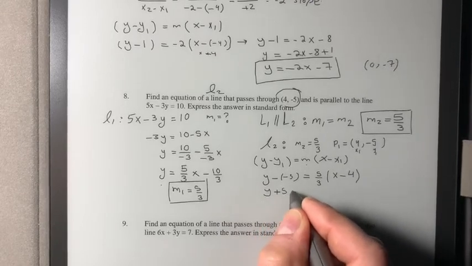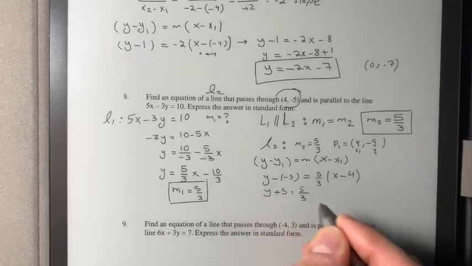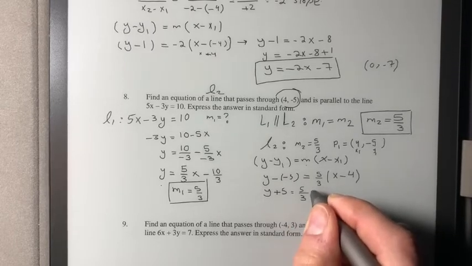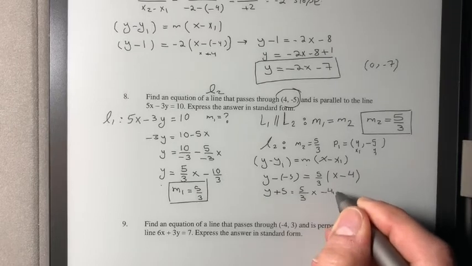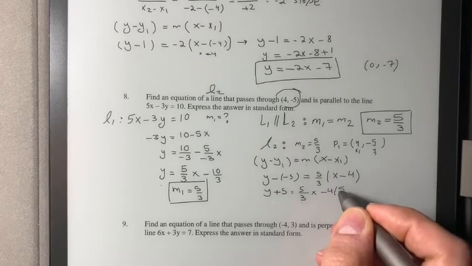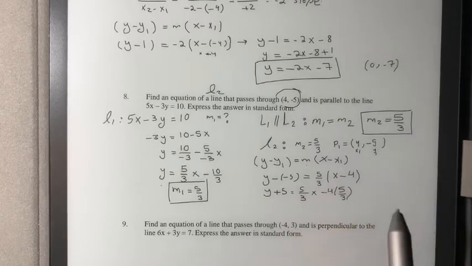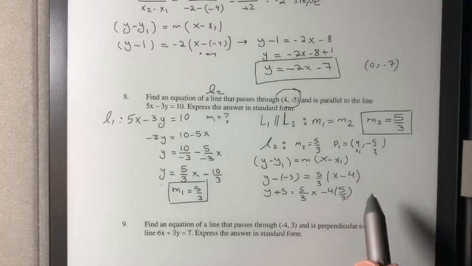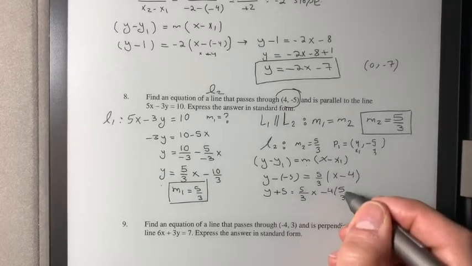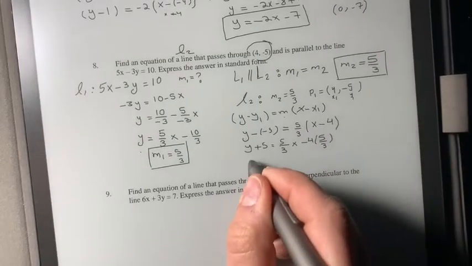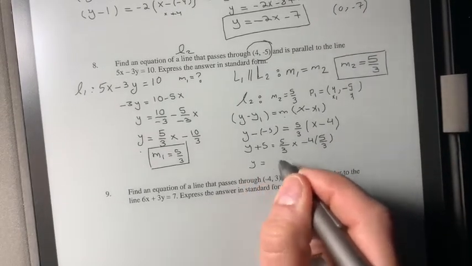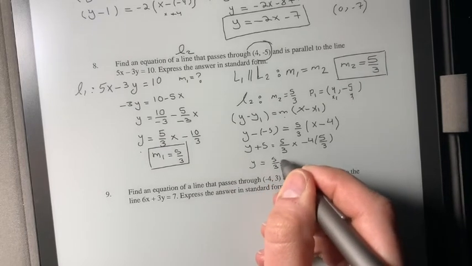y plus 5 equal to 5 over 3 x, and then negative 4 also multiplies by 5 over 3. What I'm doing is distributing this to each term in the parenthesis. And then I have y plus 5 equal to 5 over 3 x.